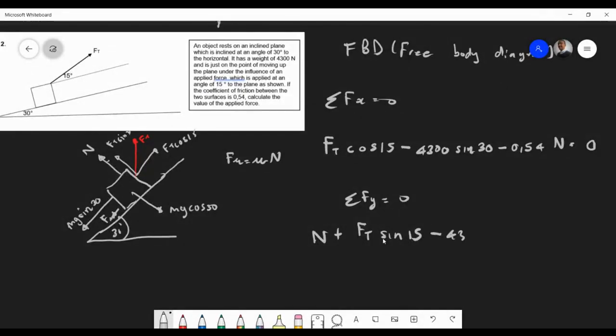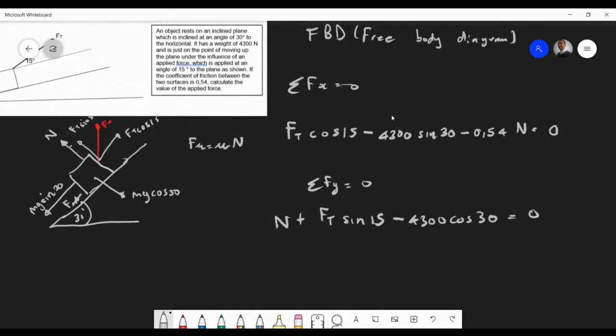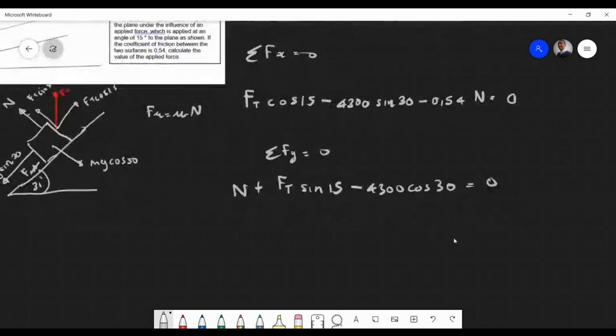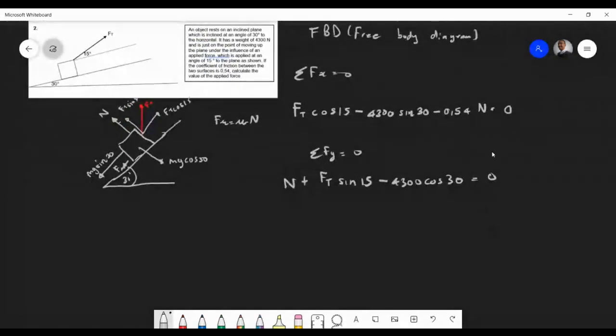It's 4,300 cos of 30. That equals 0. Looking at this, what I see is two equations, two unknowns, and that's how we're able to solve for F_t. And the way we're going to do that is to sort this all out nicely.